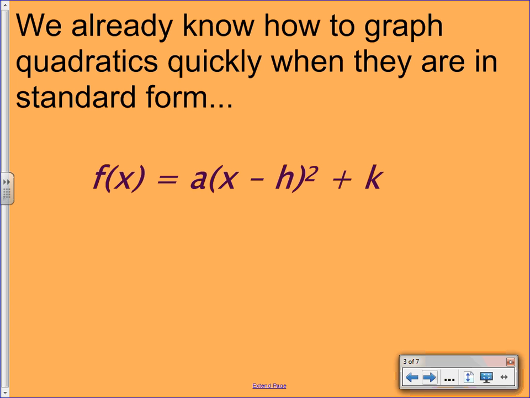And we have a strategy to help us get it in this form. Does anybody remember what that's called? If I have a trinomial, how do I get it to look like this? Something you asked about on the summer packet.